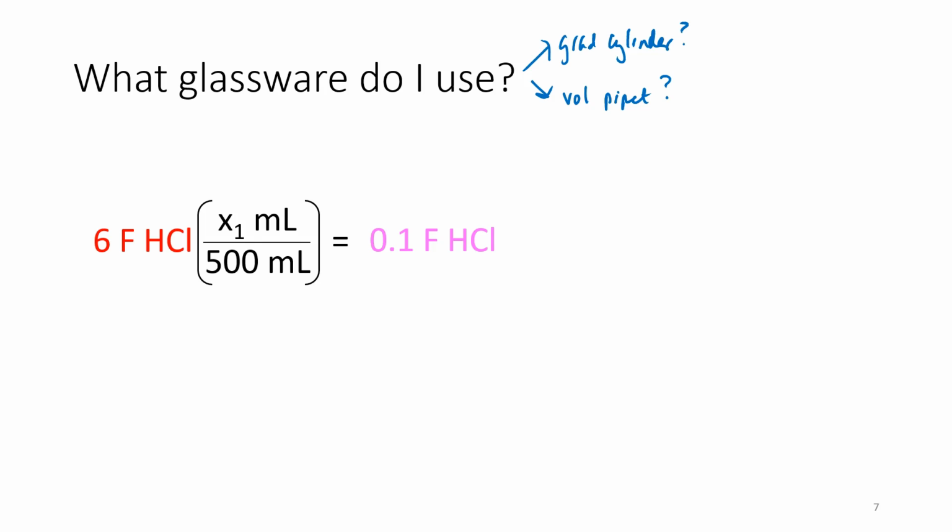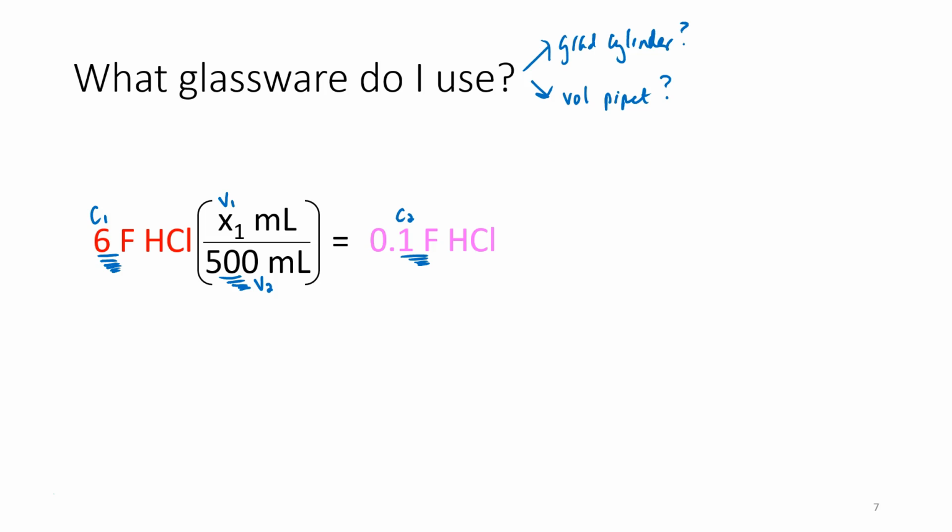So in the procedure, you're going to be making 500 mL of 0.1 formyl HCl from a stock solution of 6 formyl HCl. So you'll want to use the equation C1V1 equals C2V2 to calculate V1.